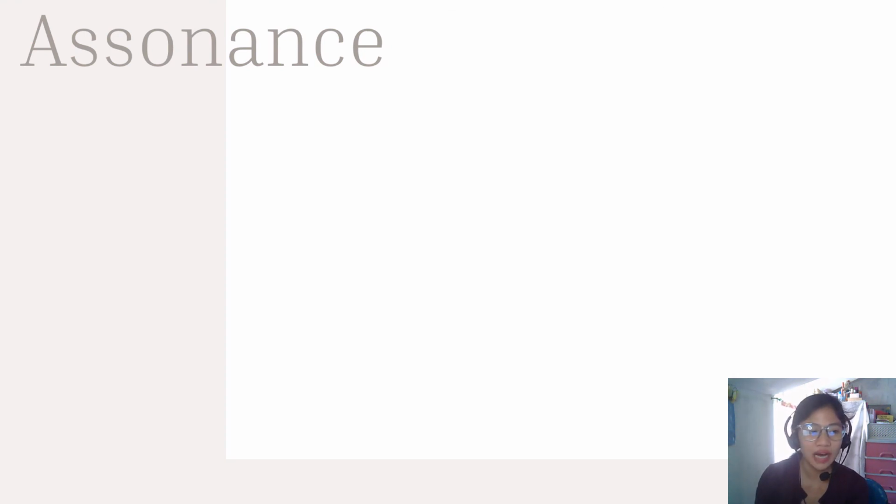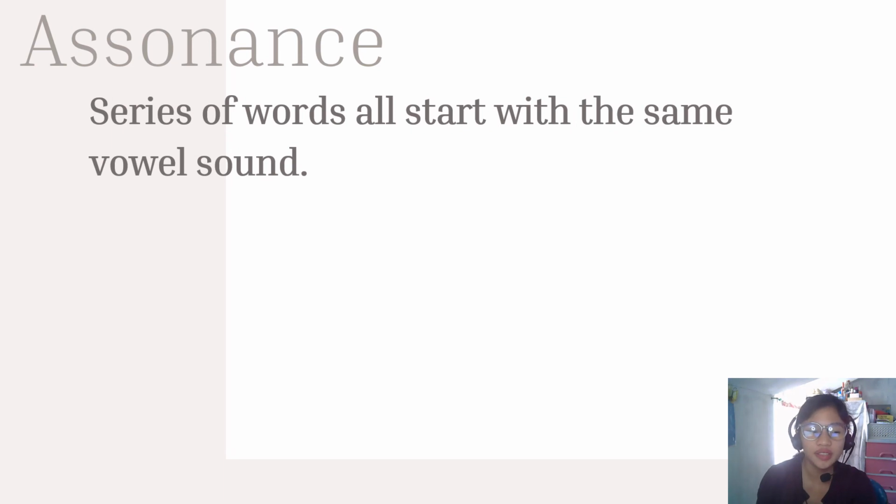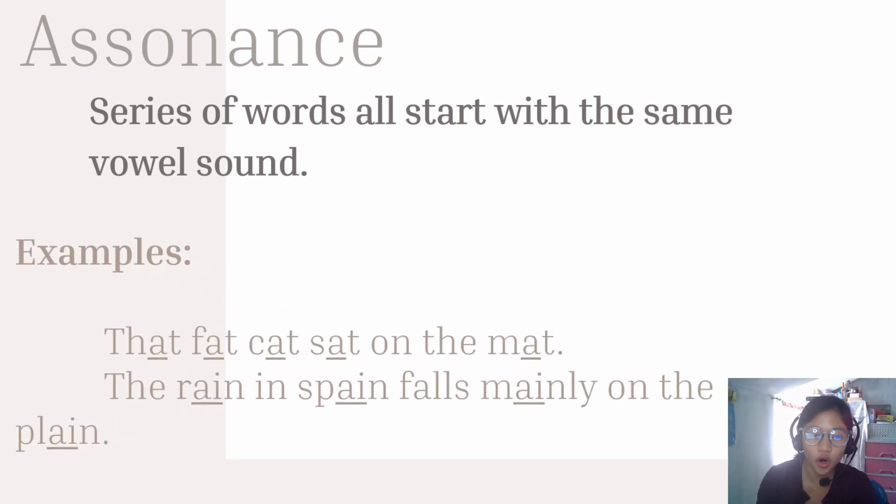Next one, we have assonance. Assonance is a series of words that have the same vowel sound. Okay? So here, the sound that is being repeated is the sound of a vowel.